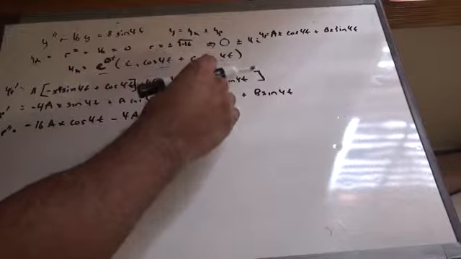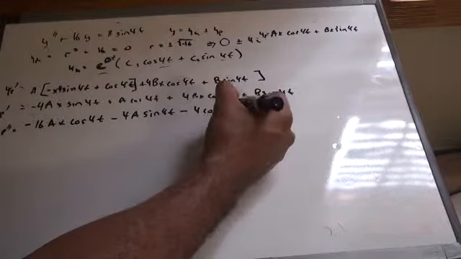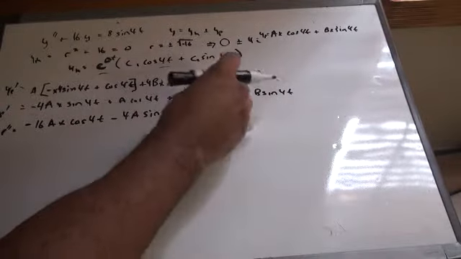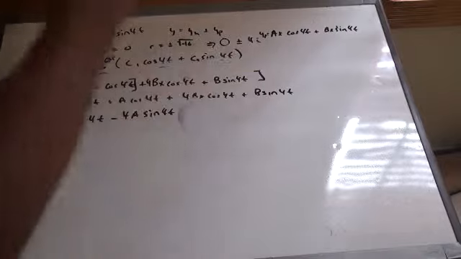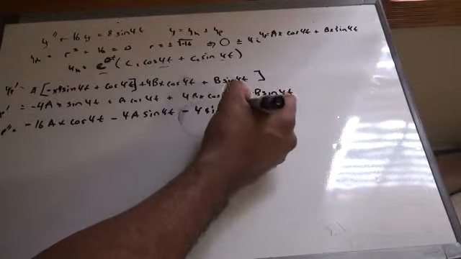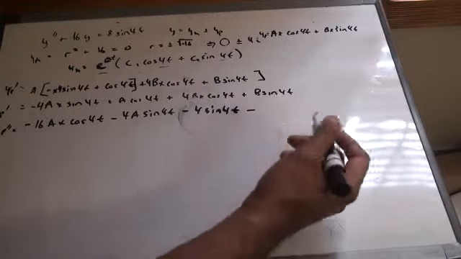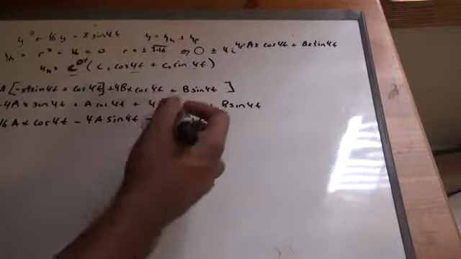Moving to the next, we have cosine. So the derivative of cosine is negative 4 sine 4t. Moving to the next, we have 4bx.